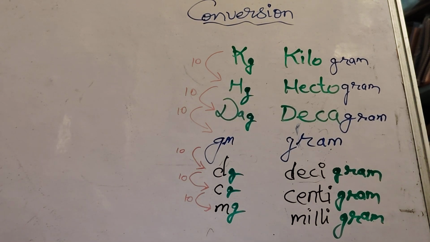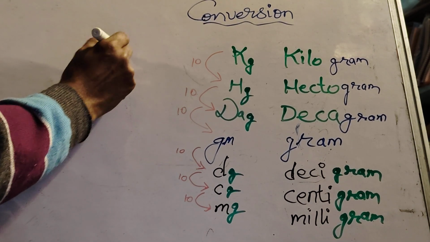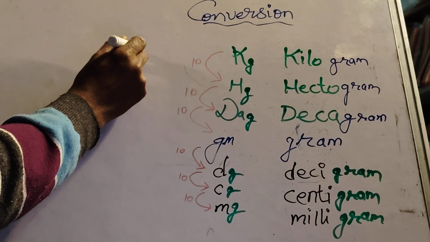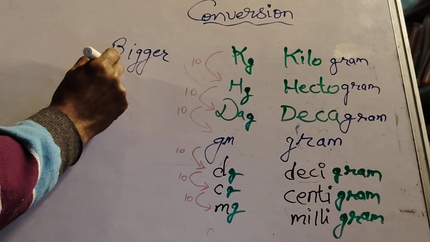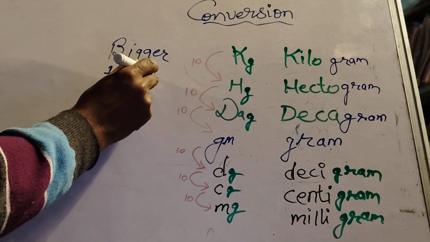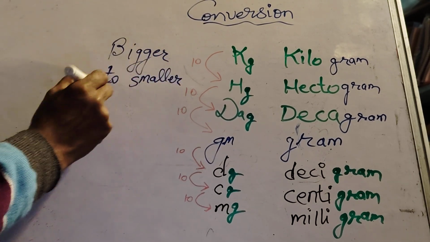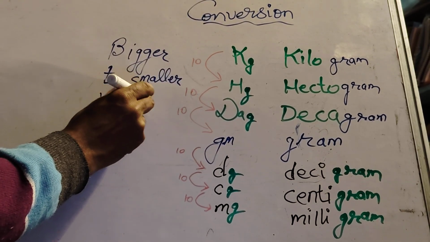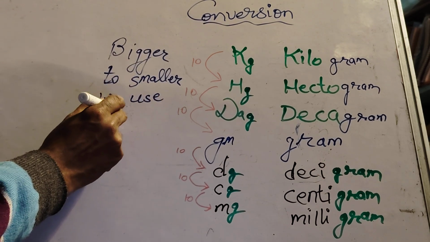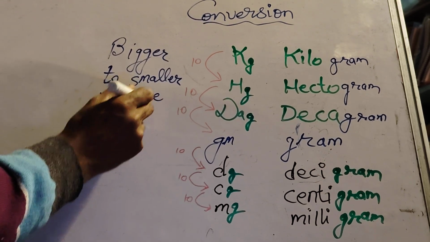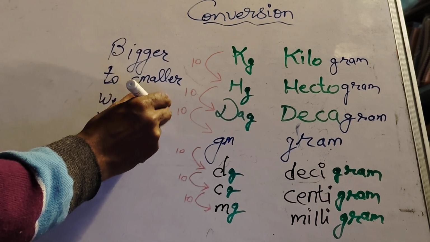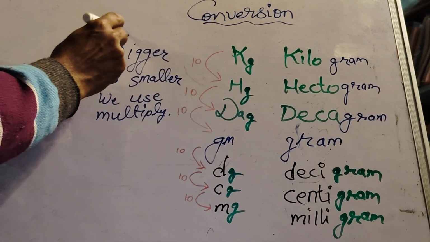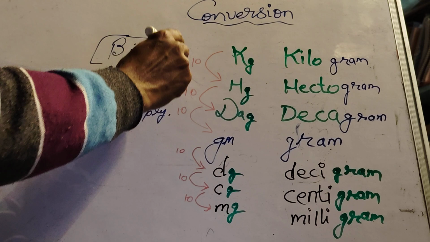From bigger to smaller, we use multiply, like multiply by 10, 100, 1000. So bigger to smaller, we use the multiply sign.